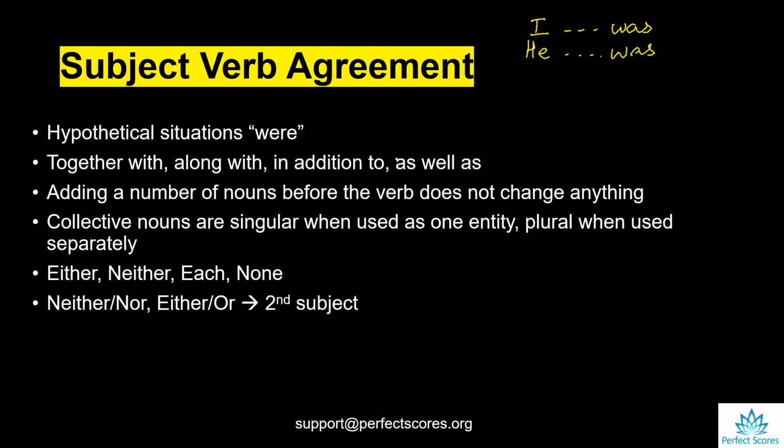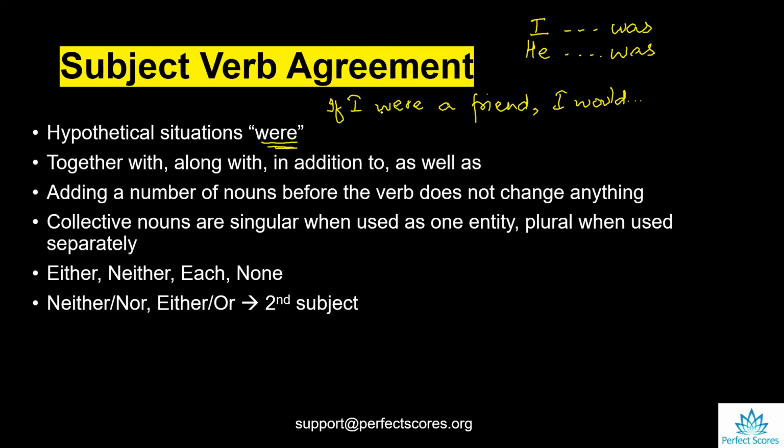But what happens when you have hypothetical situations? In that case, you have to use the verb were regardless of the kind of noun or the pronoun you have. For example, if I were a friend, I would have done this.